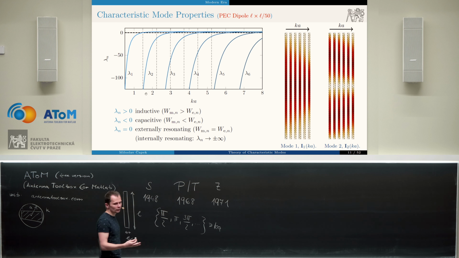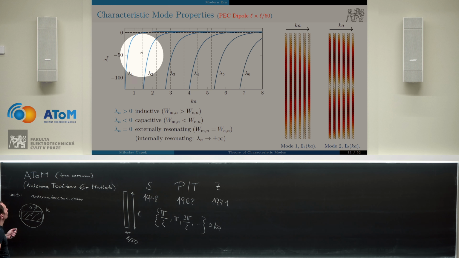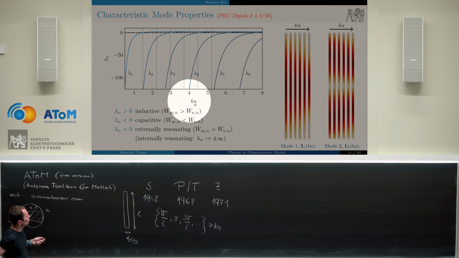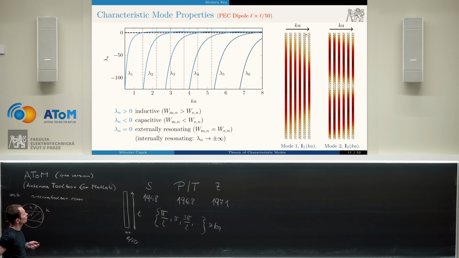And if you recalculate to lambda, you realize that actually the first mode has really the lambda/2 self-resonance, as we would expect from theory. And in fact, the first mode is also shown here. I mean, its current density is shown here, and also how it evolves with electrical size Ka.